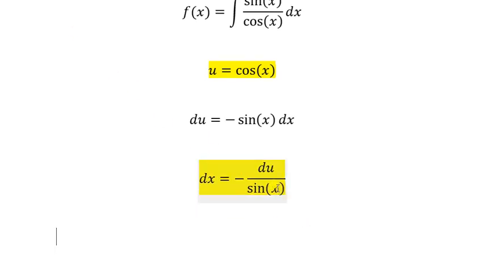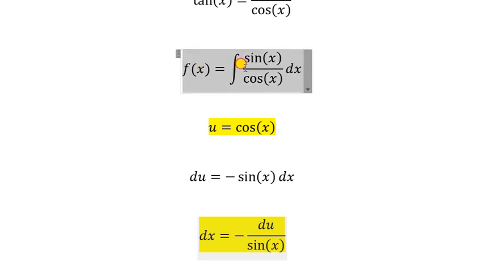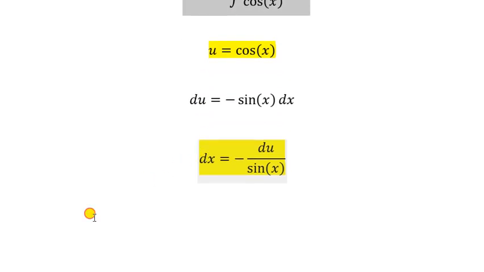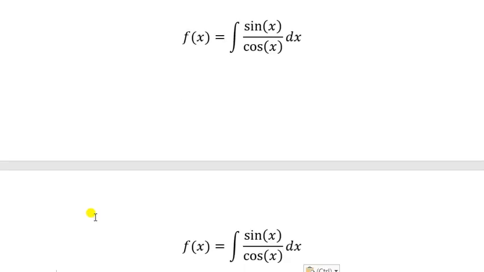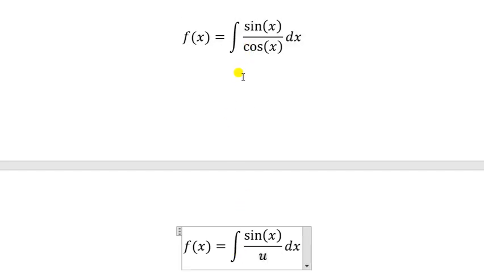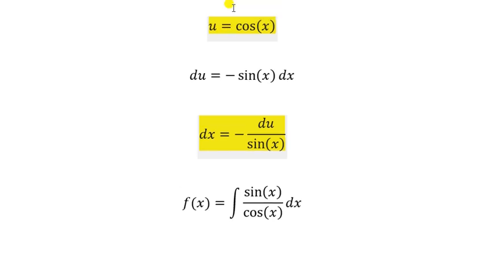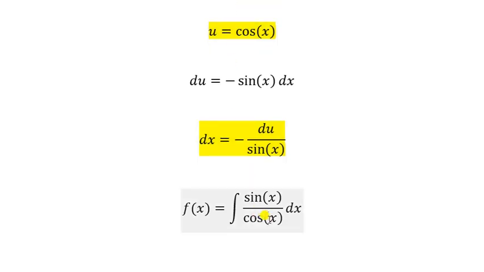So let's go ahead and do so. Let's copy the integral we need to solve. So let's do the substitution. We know that cos x is going to be u. So we just change this cos x for u. And the dx we know is going to be minus du divided by sin of x.